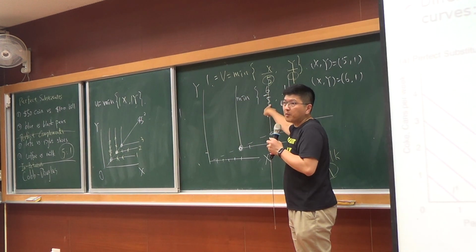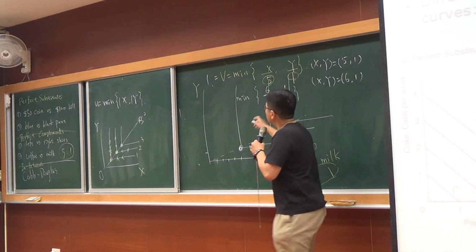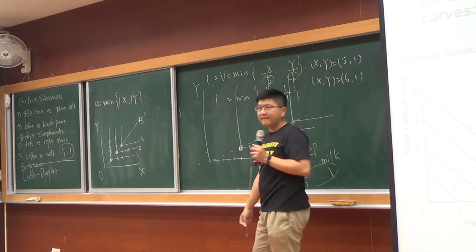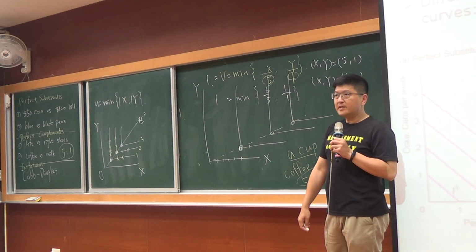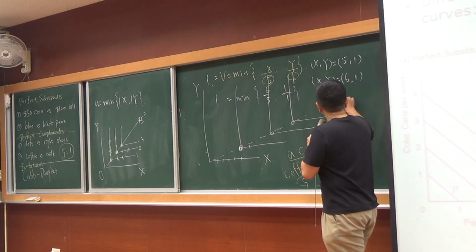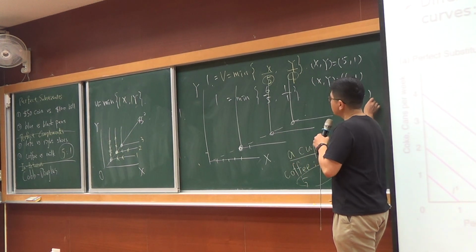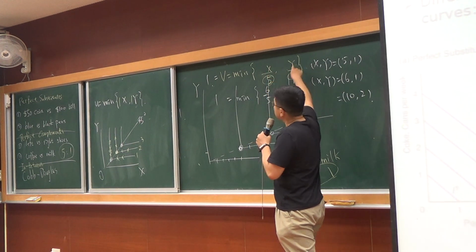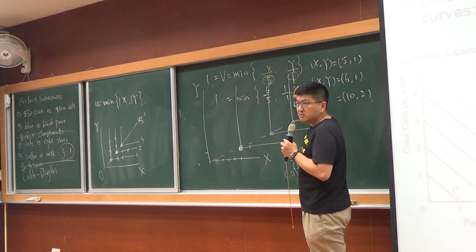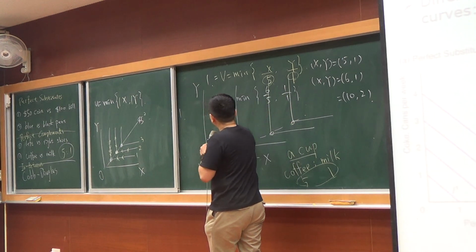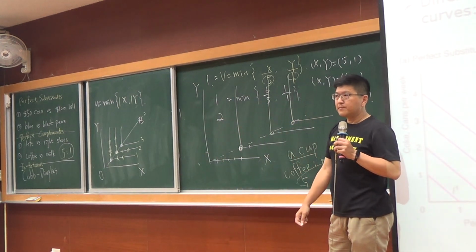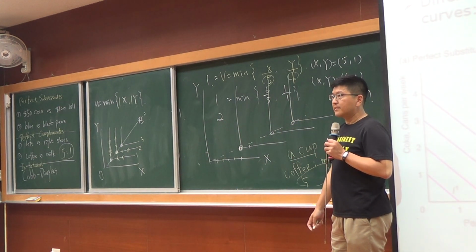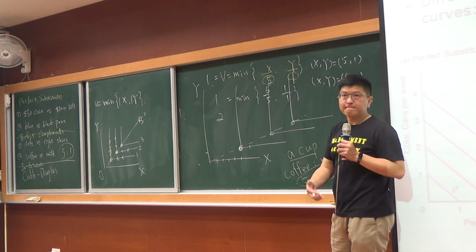So it's 1.2 and 1. The minimum would be 1. Okay? And with 10 and 2, then 10 by 5 would be 2, and 2 by 1 would be 2. It would be 2. Okay?